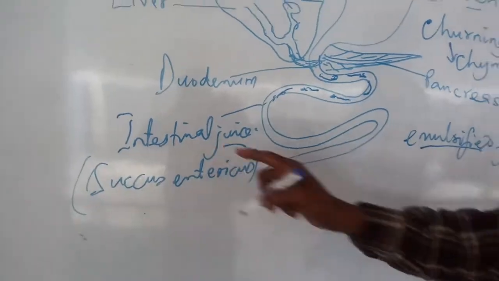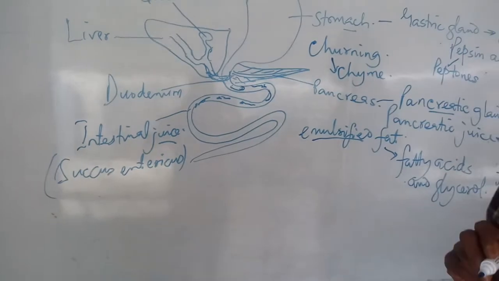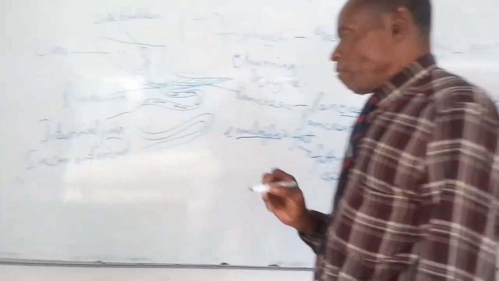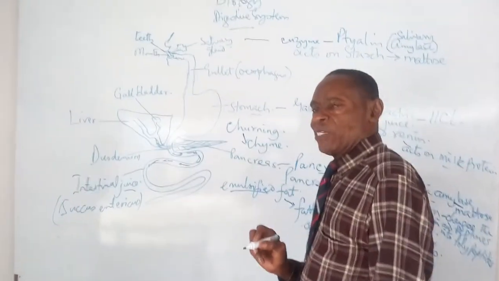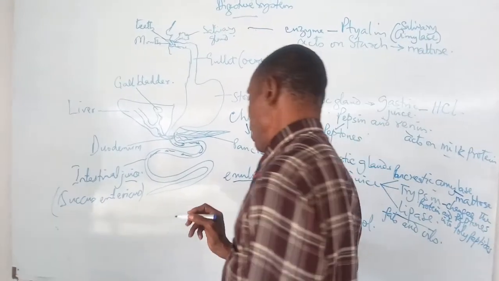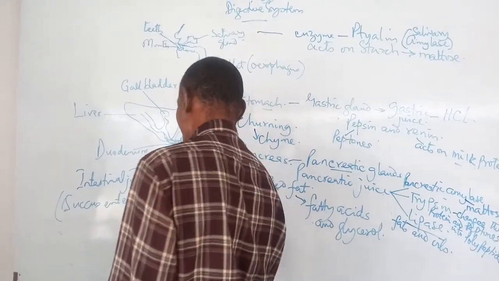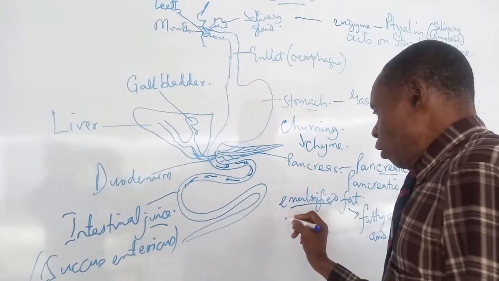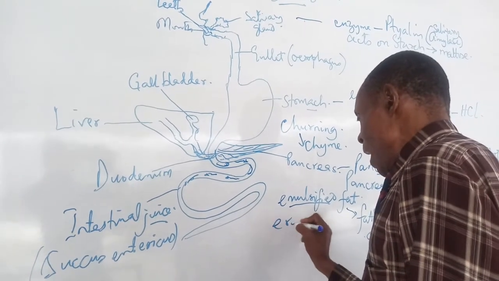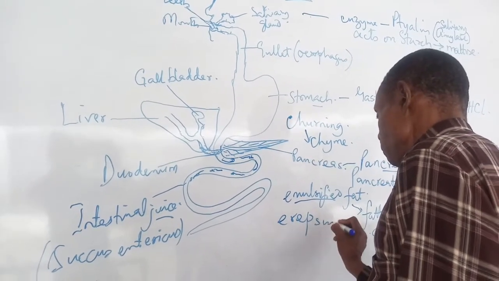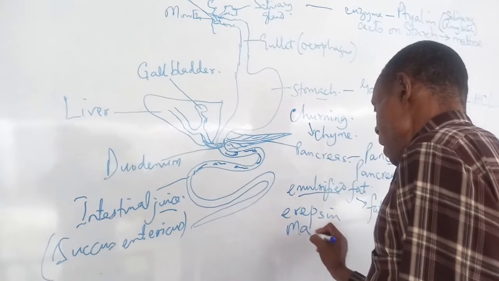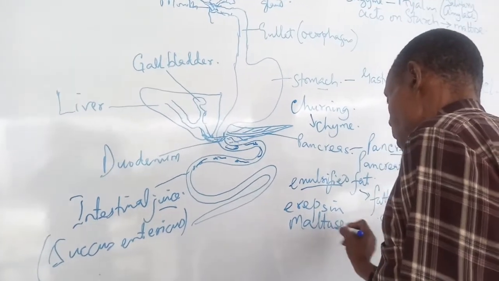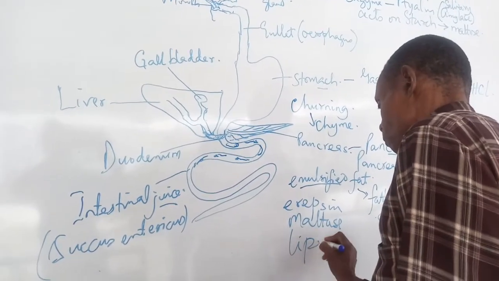And this succus entericus contains so many enzymes, but for this lesson, let us emphasize three major enzymes. The succus entericus contains the enzymes erepsin, maltase, and lipase.